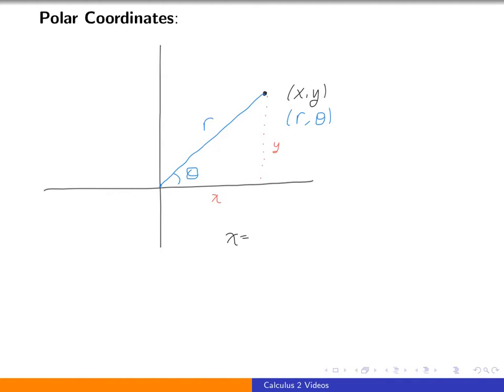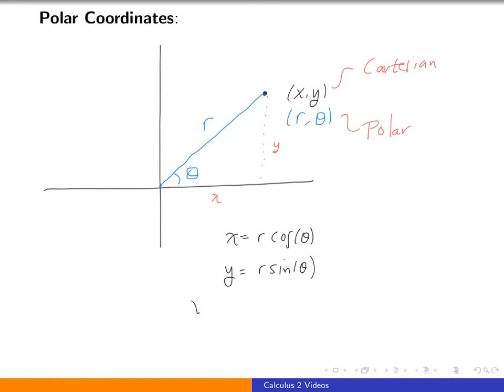X is equal to r cosine theta, and y is equal to r sine theta. So this gives us the relationship between those Cartesian coordinates, x and y. So we think of x and y as being the Cartesian coordinates, and r comma theta as being the polar coordinates.